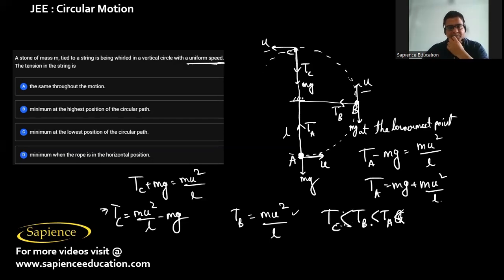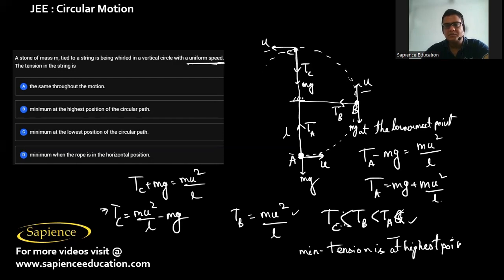So TC less than TB less than TA. So it means the minimum tension is at the highest point of the circular path. So option B is the correct answer.